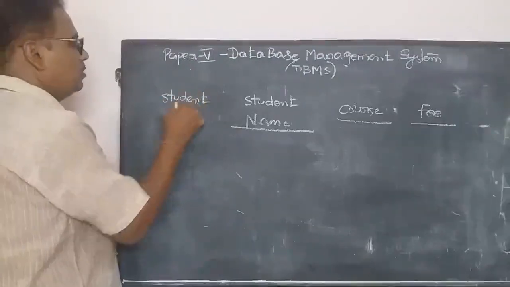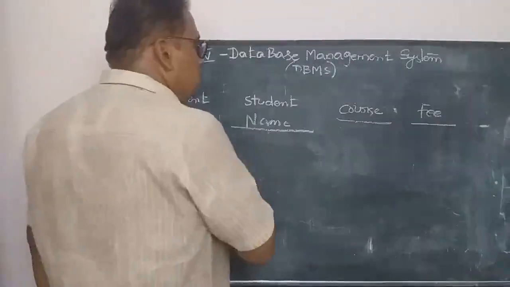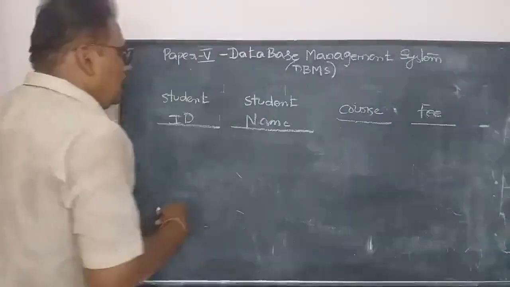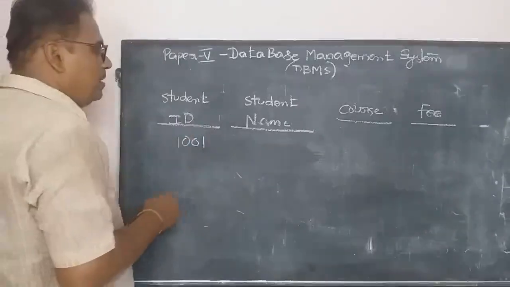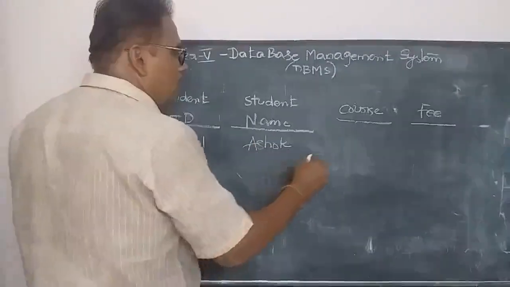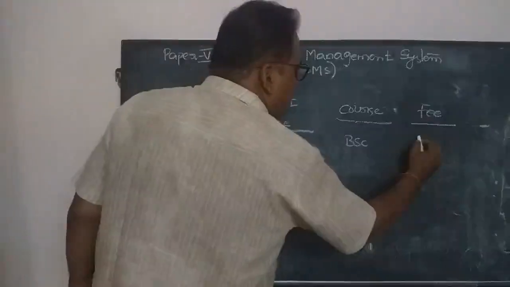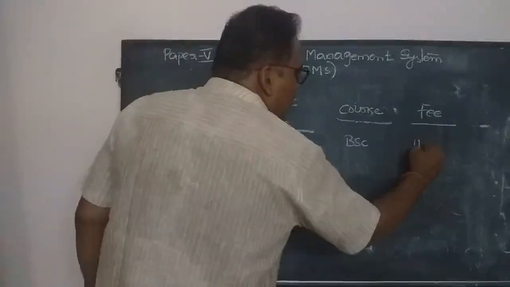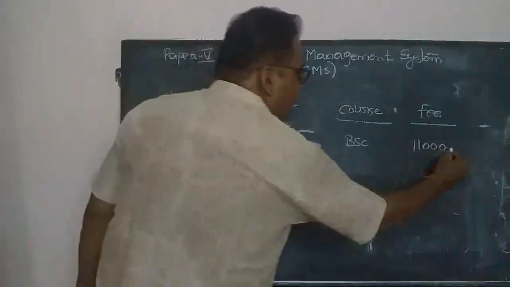Another field is the student ID. These are the 4 fields, and the values are: student ID 1001, student name Ashok, pursuing the course BSc, and he paid approximately 11,000 rupees as fee.